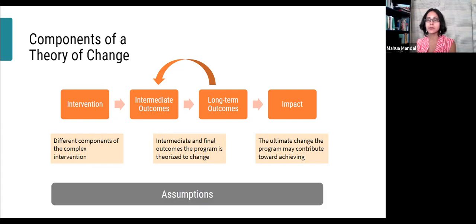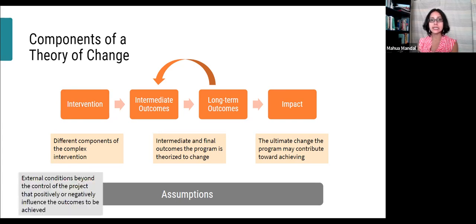Next. We have assumptions, and as I mentioned, different people will refer to components within a theory of change differently. Some people use assumptions to mean external conditions that are beyond the control of the project. Next. So this is the definition on the left: external conditions that the project doesn't have control over, but that influence the outcomes that are to be achieved.